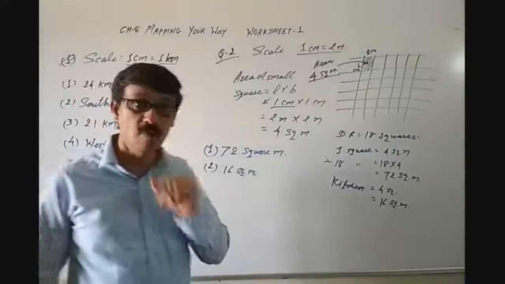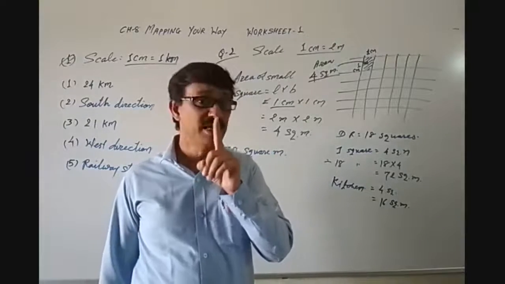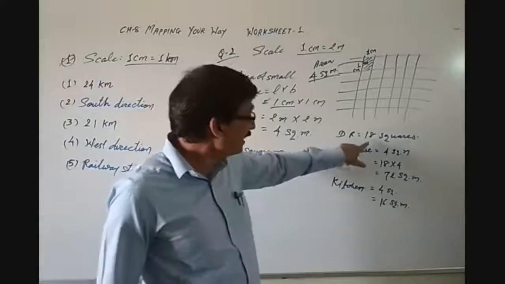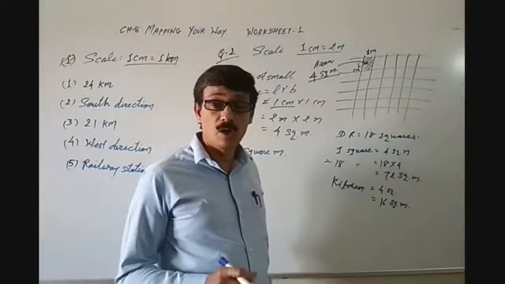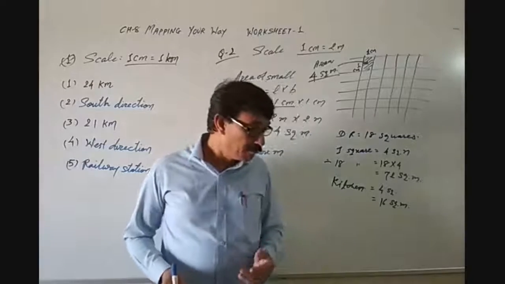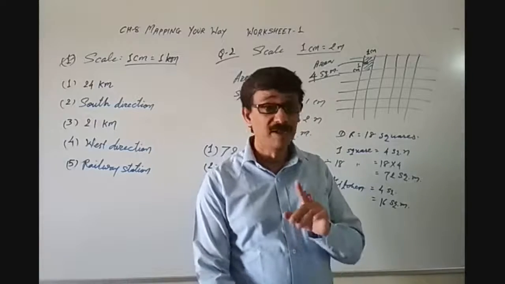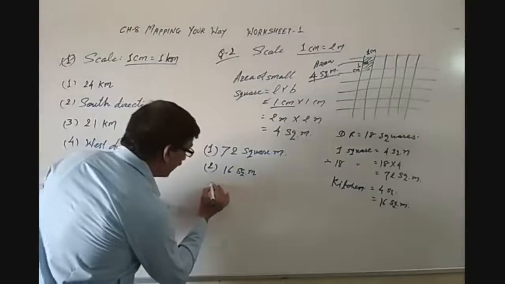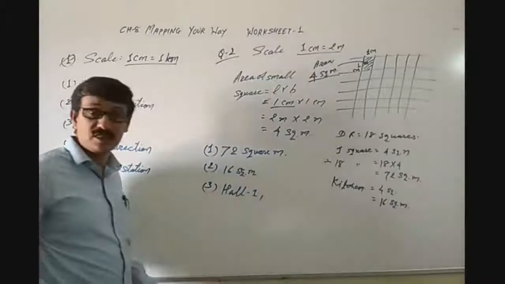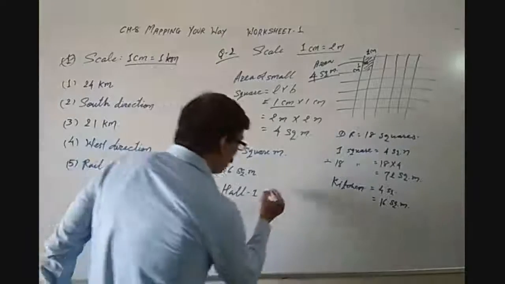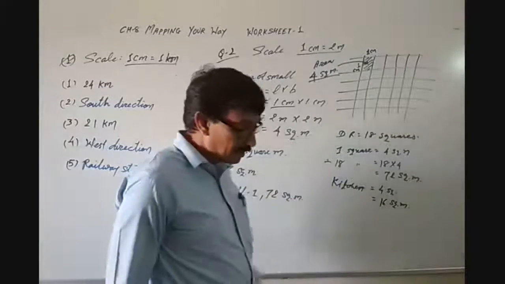So the area of hole 1 is 18 squares, which is 72 square meter. The answer is hole 1, and it is 72 square meter. Okay.